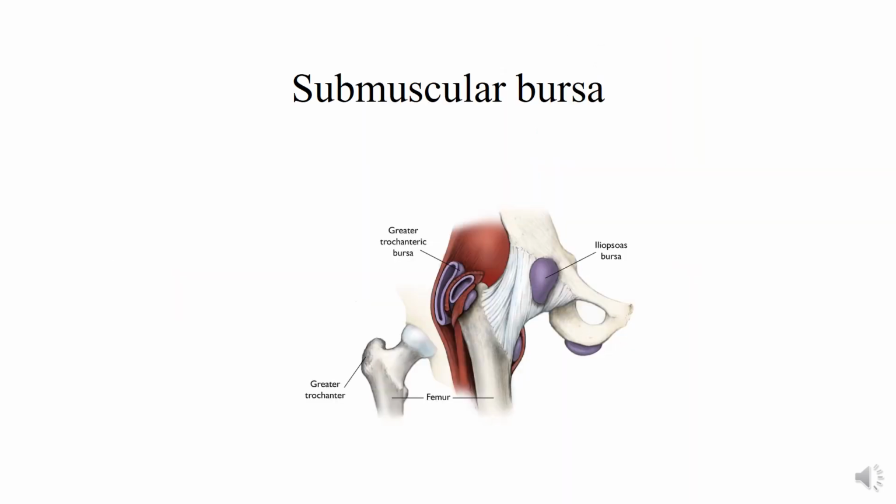The submuscular bursa, here you can see the greater trochanter bursa, which is located beneath the gluteus maximus muscle in the gluteal region of the lower limb.